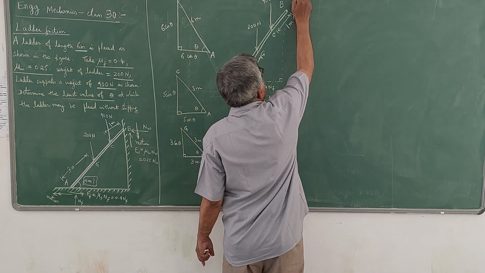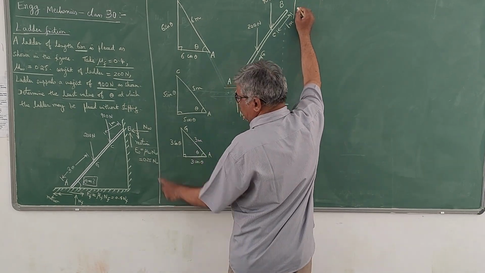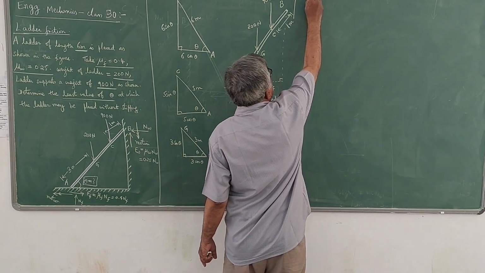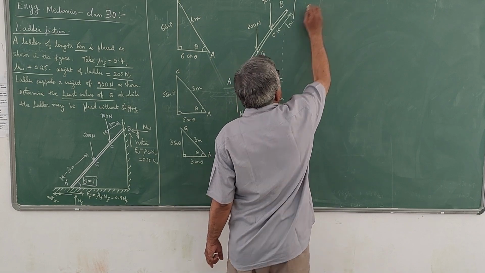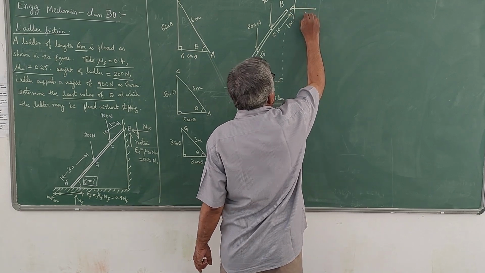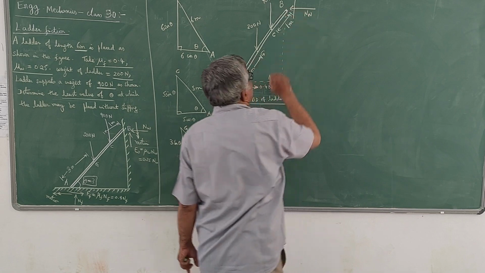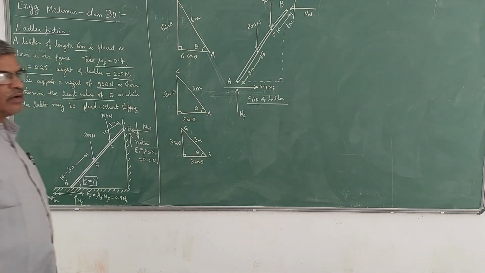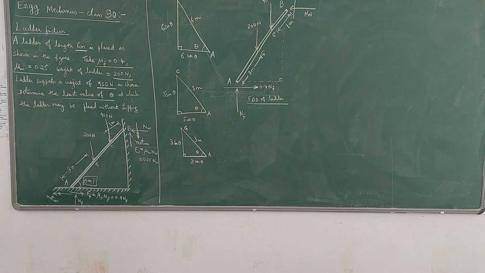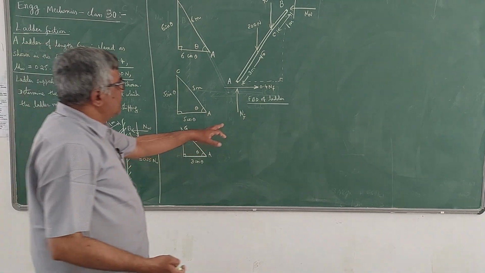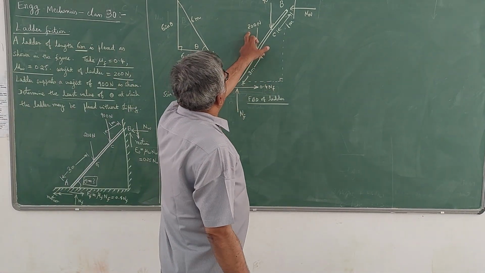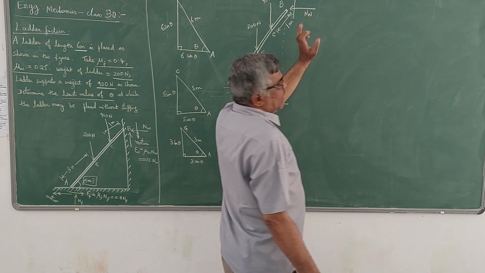FW will be acting upwards like this, 0.25 NW you can write. And NW will be like this. Both of them will be acting at B. So this is the free body diagram of the ladder. So in total you have 6 forces here: NF, 0.4 NF, 200, 900, 0.25 NW and NW.